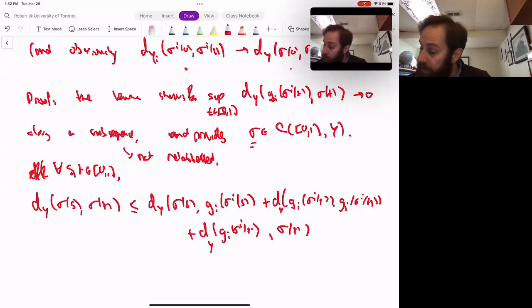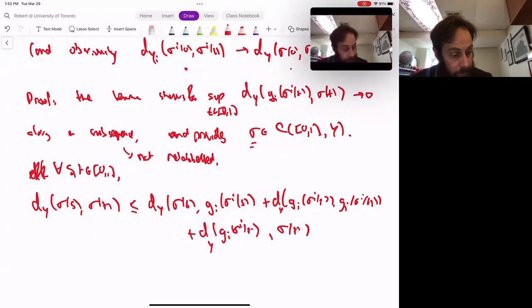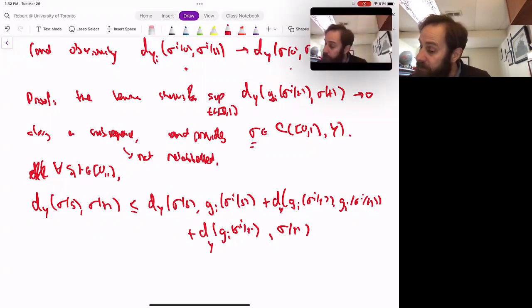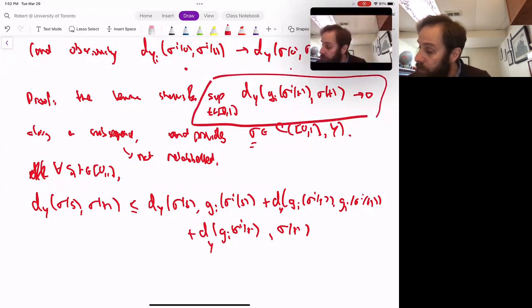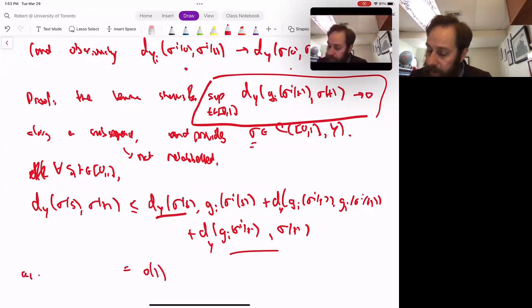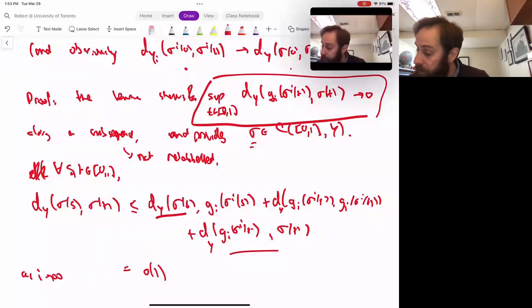But we know as I gets large, by this uniform convergence, the first and the last term go to 0. So this is something that goes to 0 as I goes to infinity.